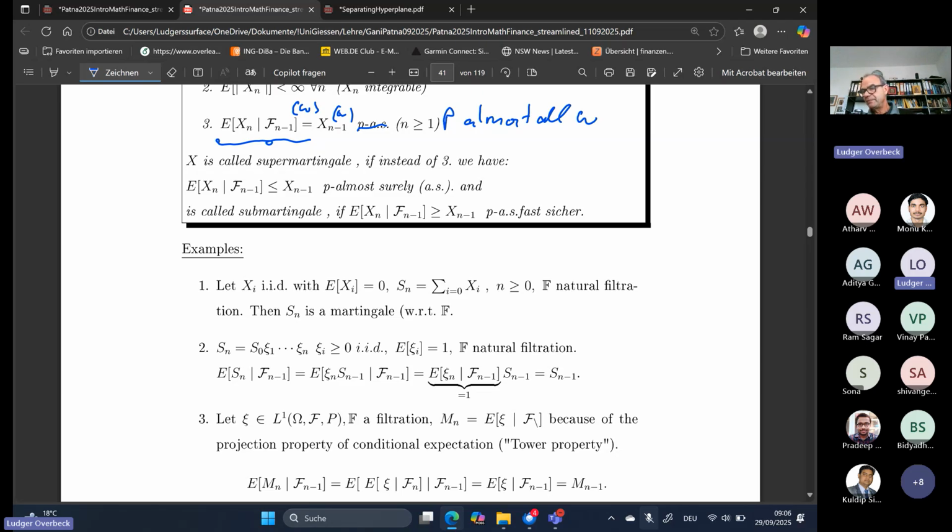So this means independent. IID means identically independent distributed random variables.